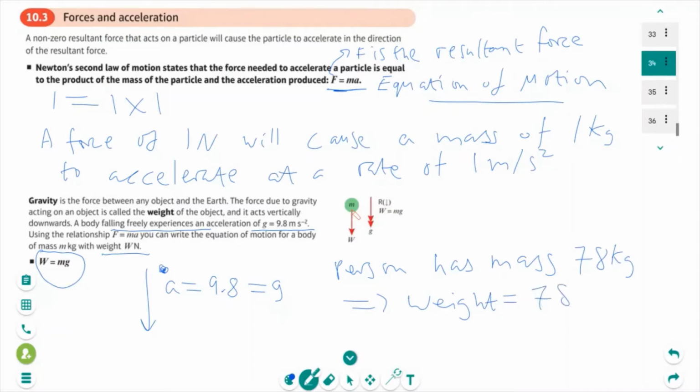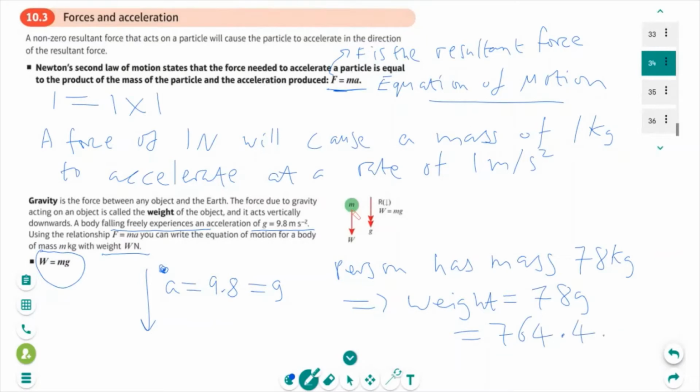So you would do 78 times 9.8, and according to my calculator, that gives you 764.4 newtons.